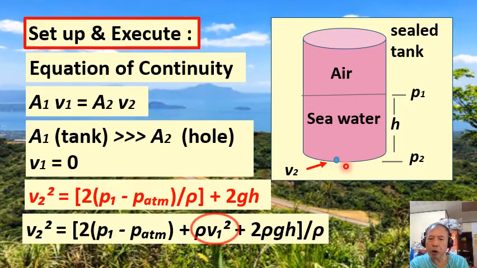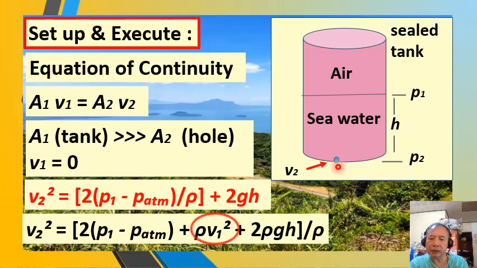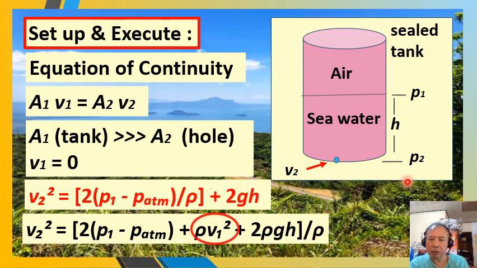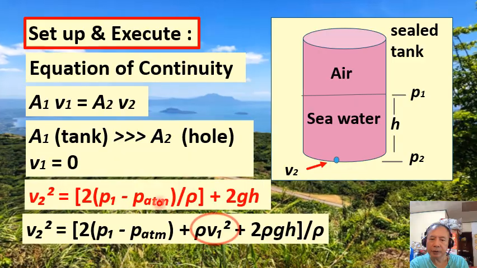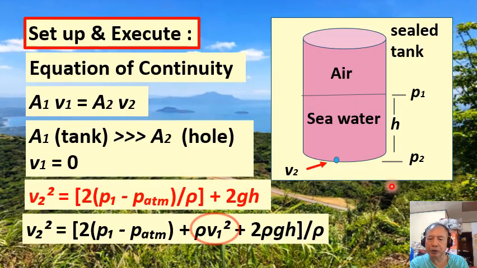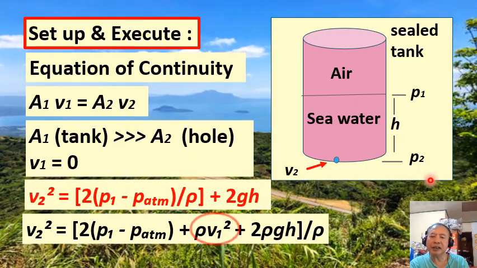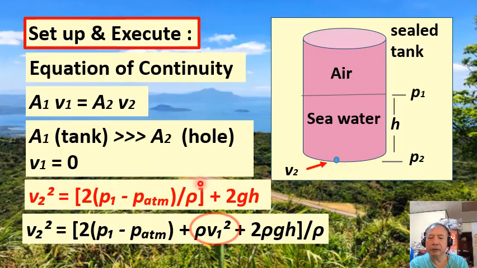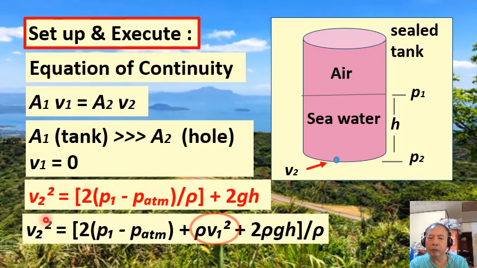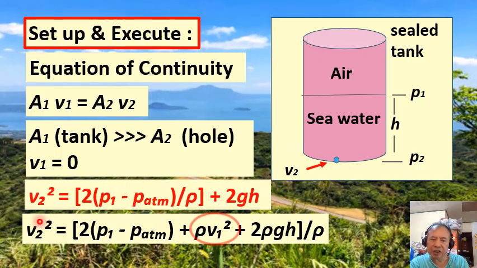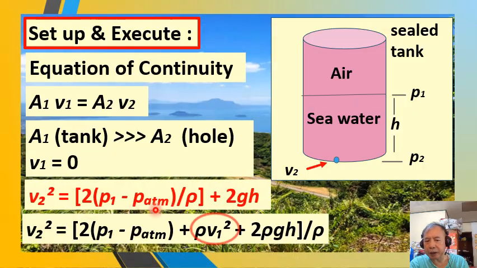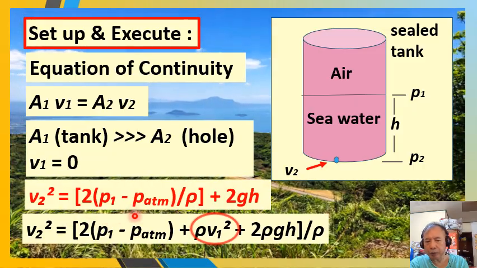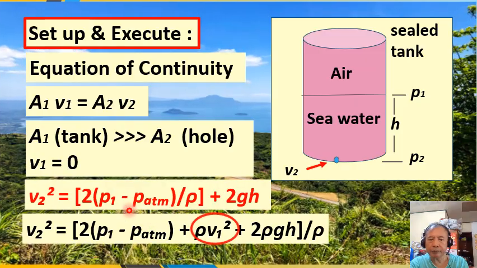But since the hole at the bottom of the tank is exposed to air pressure, to the atmospheric pressure, that atmospheric pressure has a direct effect on the value of the speed v2. That's why we get that difference delta P, or P1 minus P2.